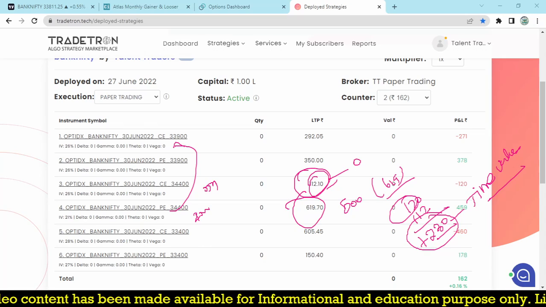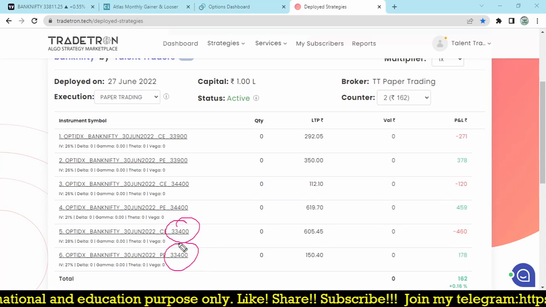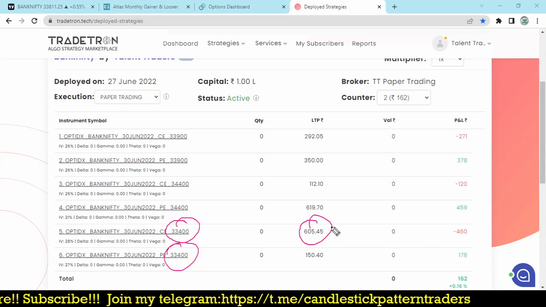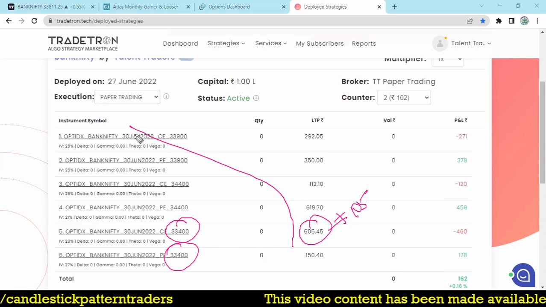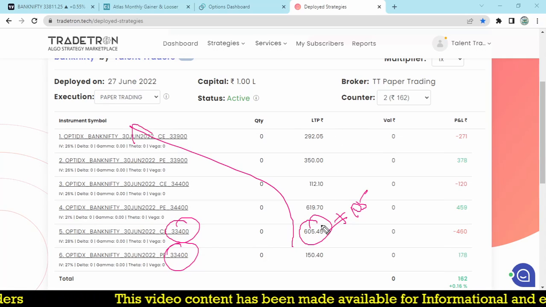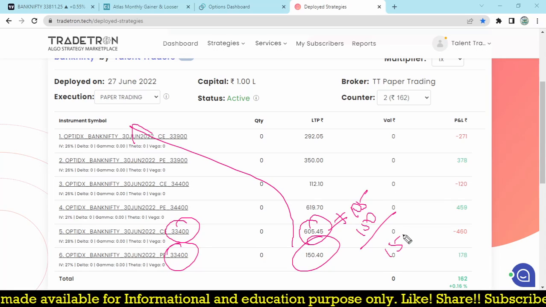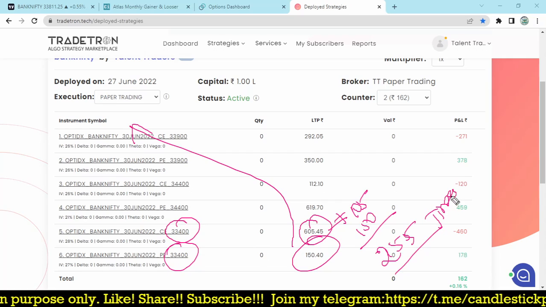And same like that, you can see the 500 points down strike prices. This was 605, so 105 rupees higher than its premium, compared to 33,900. And this is almost 150 points. So here 255 points is the time value.